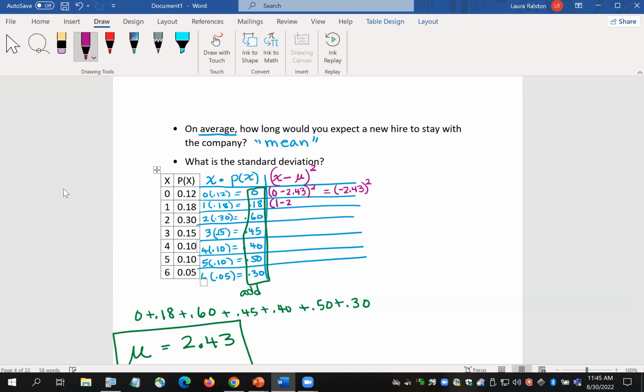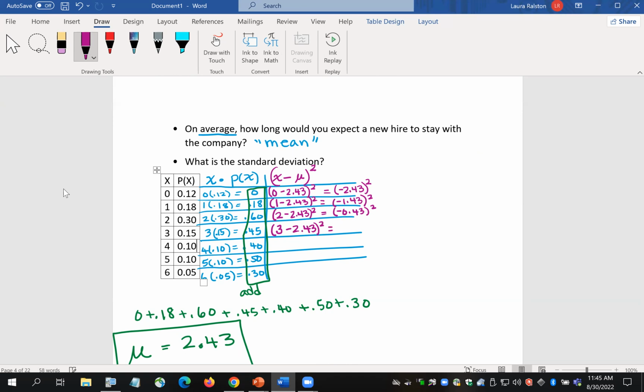1 minus 2.43 squared. 1 minus 2.43 is negative 1.43. 2 minus 2.43 squared is negative 0.43 squared. 3 minus 2.43 squared.